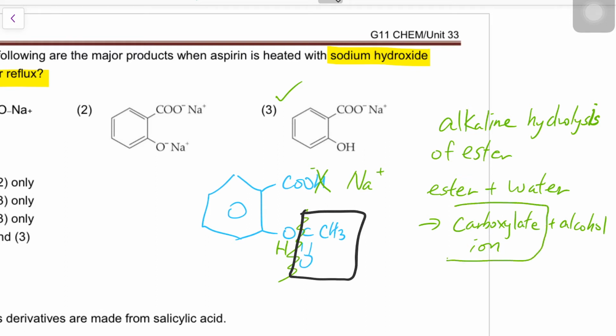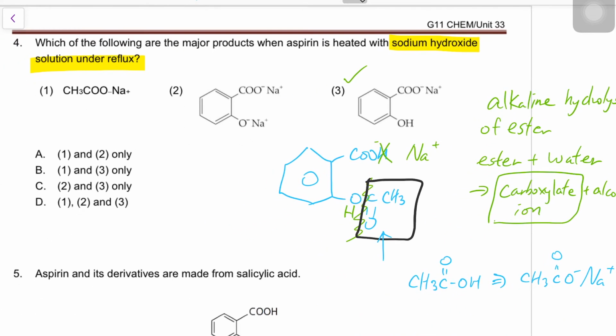Where does it go? This will first turn into the carboxylic acid and then become carboxylate. And here shows this is our first choice. So the answer should be 1 and 3 only.